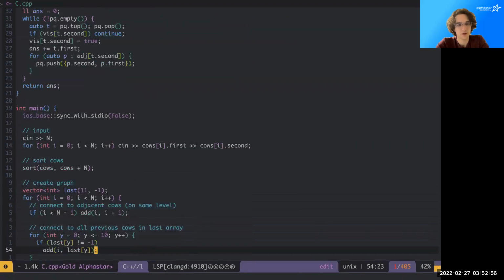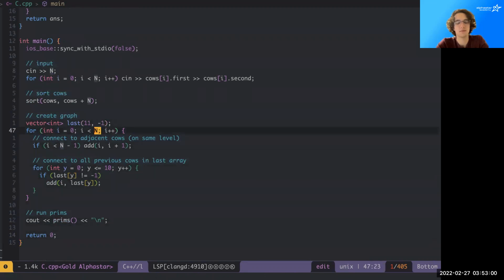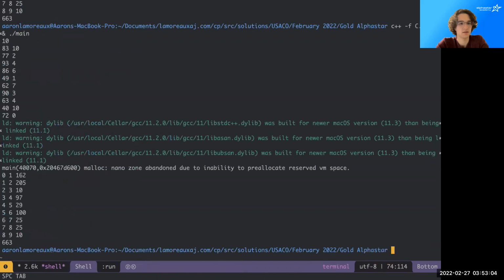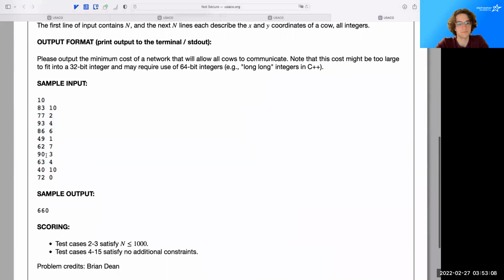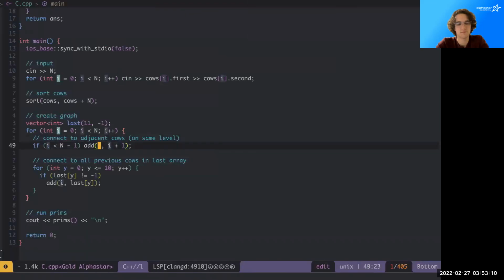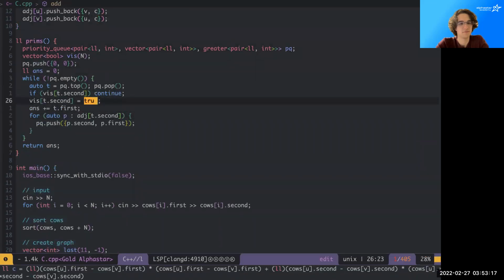I wonder if that's actually the correct answer for the sample. Maybe we're doing something silly, and maybe it's actually correct. Why would it be?